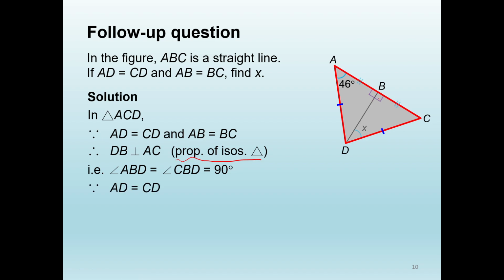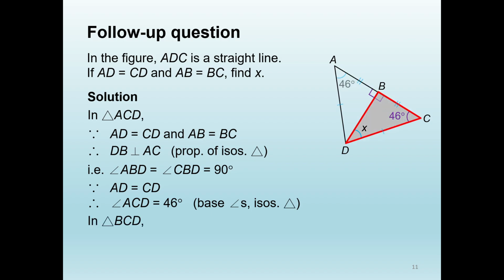Okay, and then since this is one of the isosceles triangles, we can also use the base angle isosceles triangle to say that the base angles, angle A and angle C, are equal.